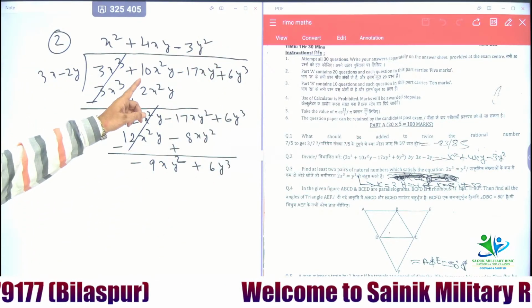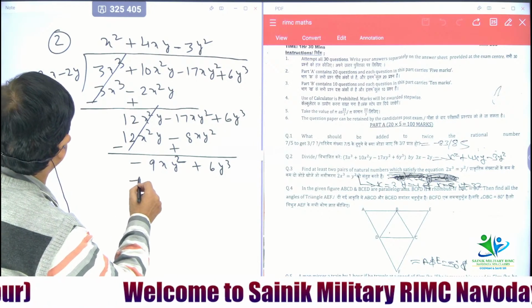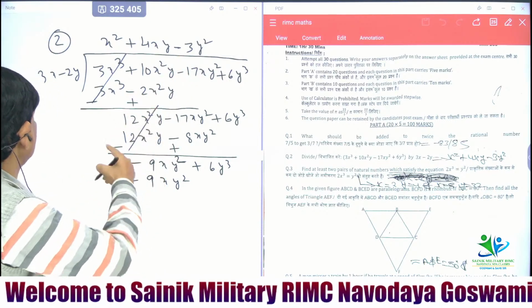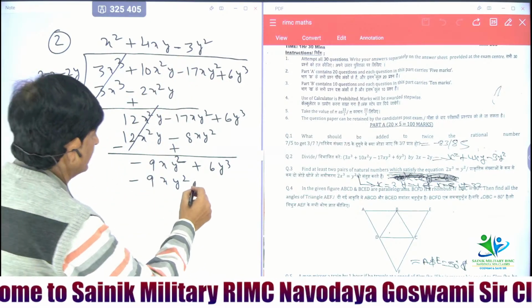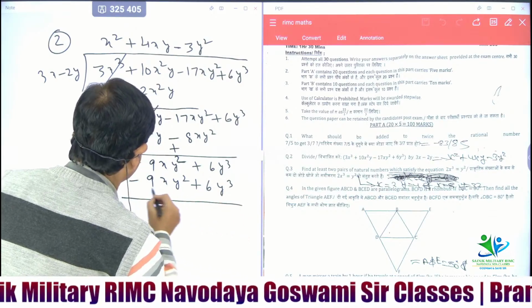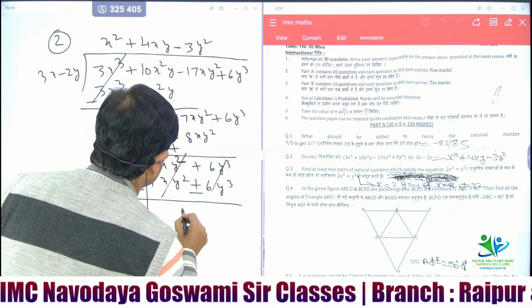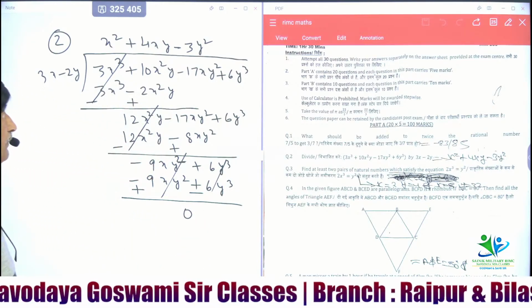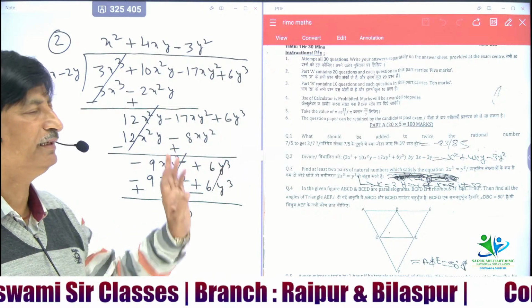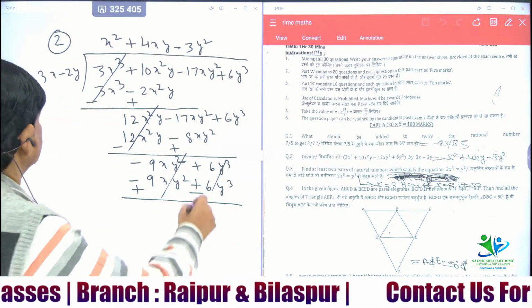If we multiply minus 3y square by this one, you get minus 9xy square and plus 6y cube. Change the sign, cancel here, and you get remainder 0. That means the given polynomial is completely divisible by the given polynomial, and this one is the quotient.